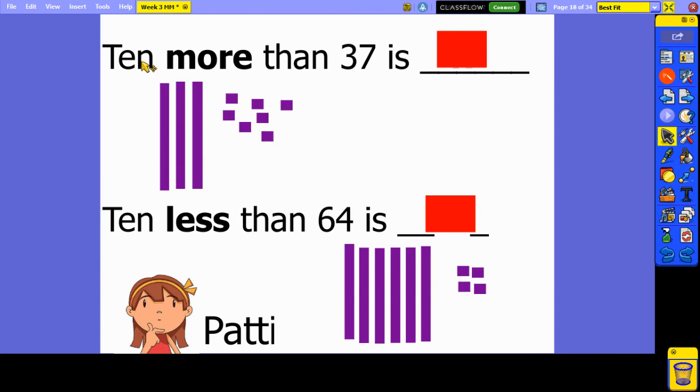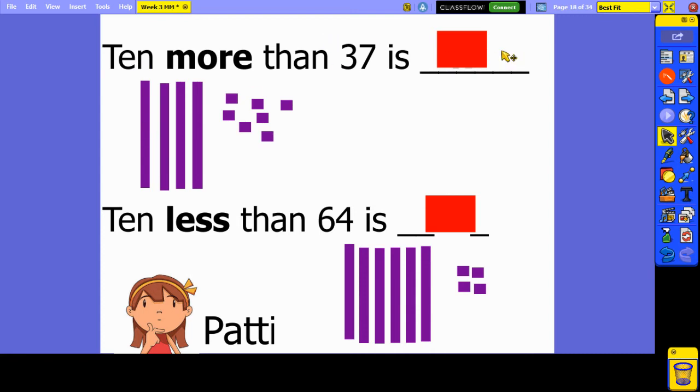Okay, 10 more than 37. So there are 3 10s in 37, and I need to add 10 more. I don't need to touch my ones. Another 10. 1 more than 3 is 4.